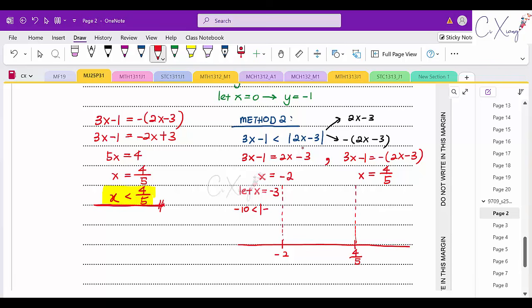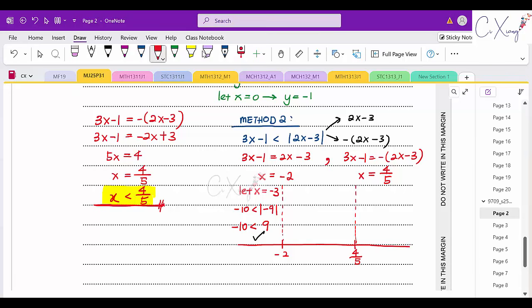So you have modulus negative 9 here. If you simplify, it becomes negative 10 smaller than positive 9. So you ask yourself, is this a correct inequality or not? The answer is yes. So that means this is the part with the correct answer for this inequality if I substitute x smaller than negative 2.